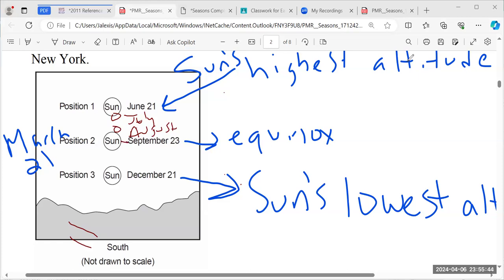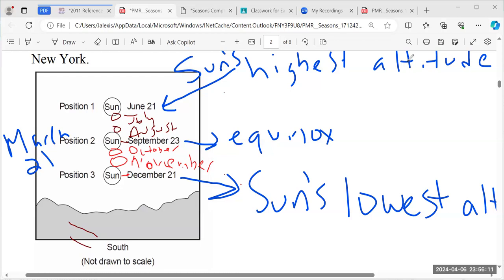After that, the sun will be here in October. We're getting less daylight. The sun will be at this position in November, I know it's not the best, and then the sun will be here in December.